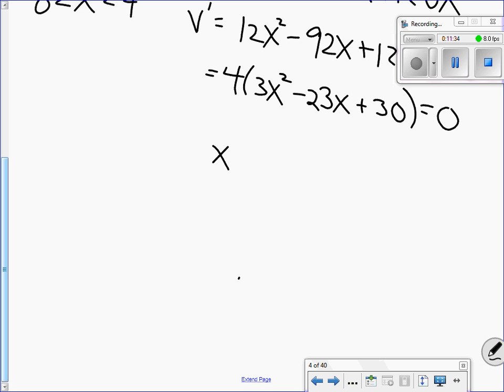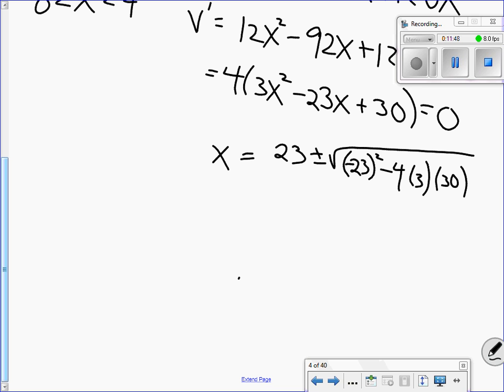So x equals negative b, 23, plus or minus the square root of b squared minus 4ac. You don't need the negative in there, you're squaring it. But minus 4 times 3 times 30, all over 2a. And one of these answers is probably not in the interval between 0 and 4, and one is, right?